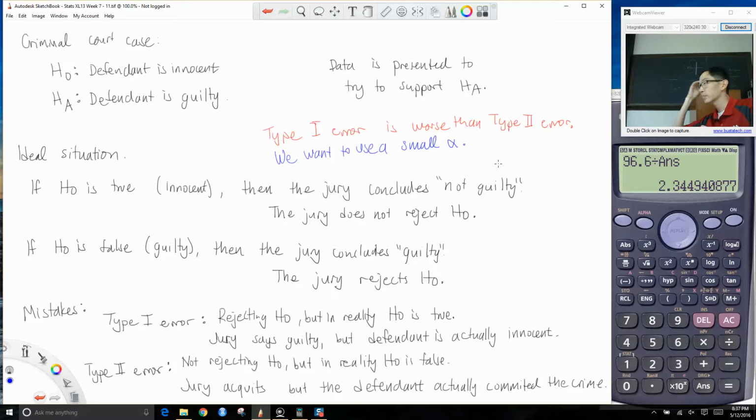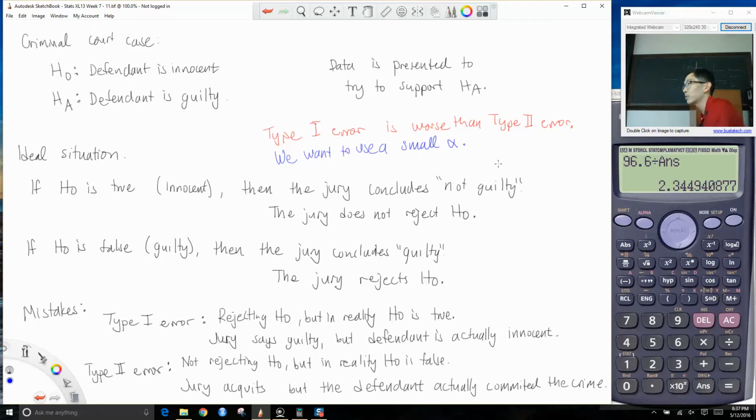Now, they say this in court. They don't say use a small alpha, but what do they tell the jury about a guilty verdict? Well, they have to make a unanimous decision, but they say you want to be sure beyond a reasonable doubt, right?